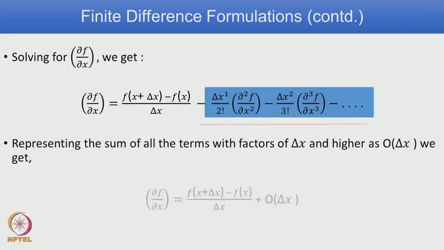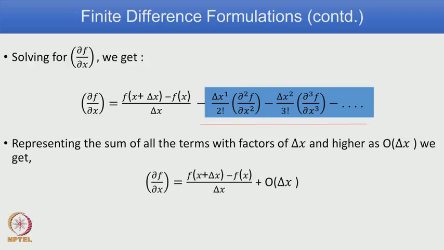Representing the sum of all the terms with the factor of delta x and higher, we get dou f by dou x equal to f of x plus delta x minus f of x by delta x, and the remaining terms shown in this highlighted portion are not considered. Delta x is the leading term and that is of order delta x.